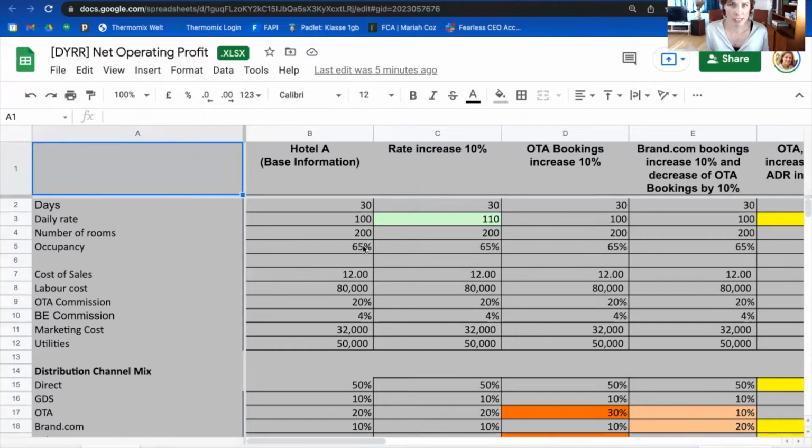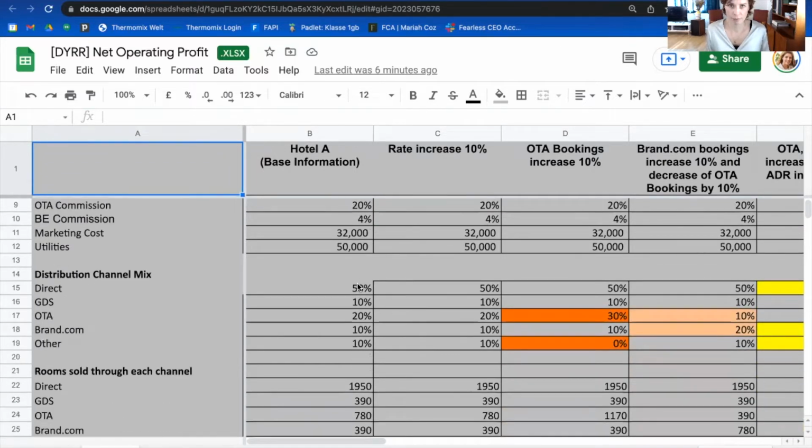With our occupancy of 65% and 200 rooms, we have, let's say, unboxed to different distribution channels. So our distribution mix is going to be direct business 50%. So it means 50% of my business is coming directly, and it is not the website of the hotel. We have a GDS, Global Distribution System, another distribution system to give us some reservations, usually applicable for the cities.